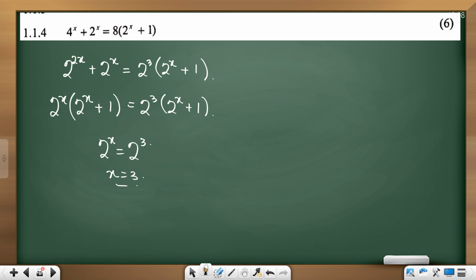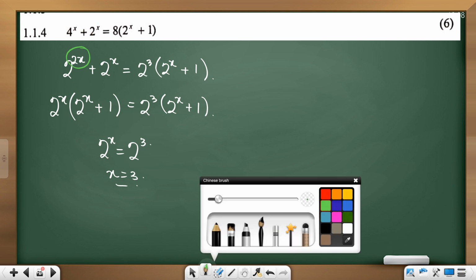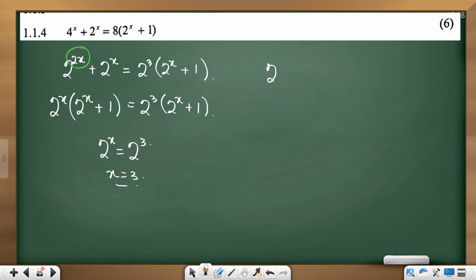The reason is because of this exponent. Like we said earlier on, that can be written as 2. Once I do this, it exposes the whole question to me that I should be thinking about 2 solutions.